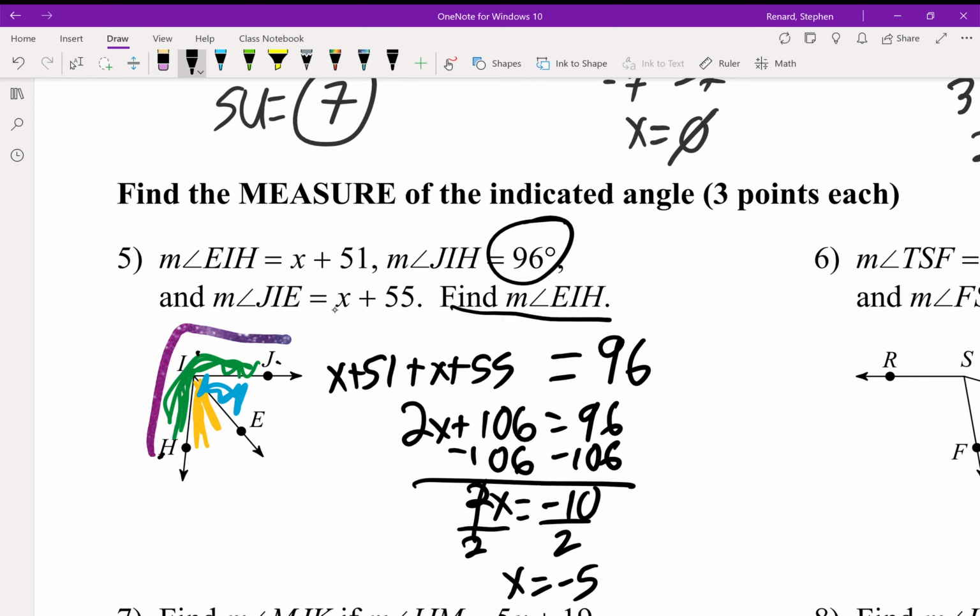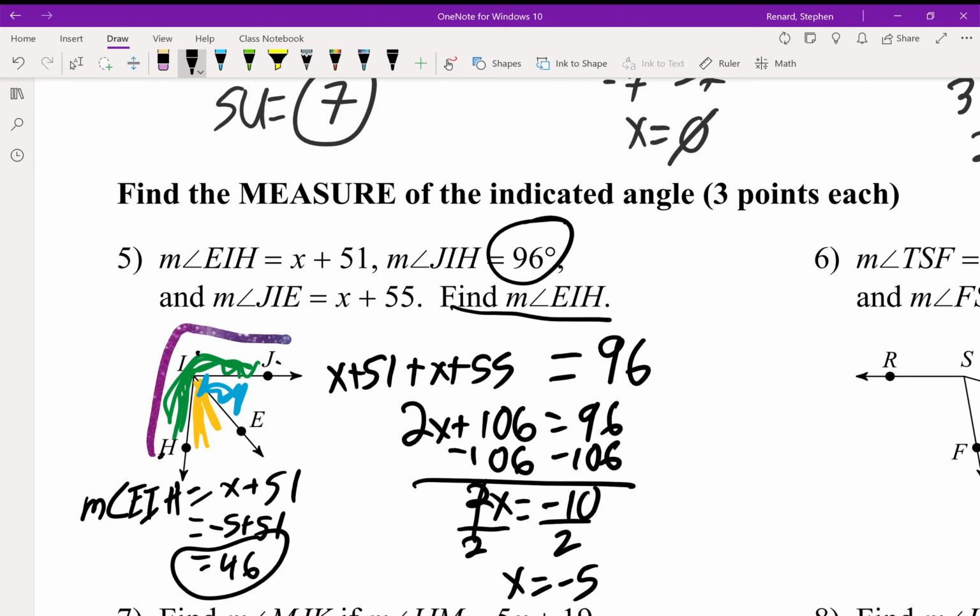The question asks us to find EIH, the measure of angle EIH, which is x plus 51. So if we plug a negative 5 into that, our answer is still a positive 46. So even though we had a negative x, we had a positive angle.